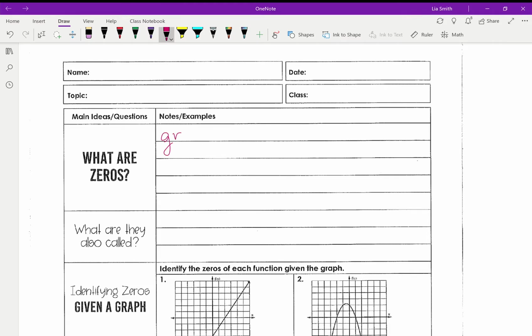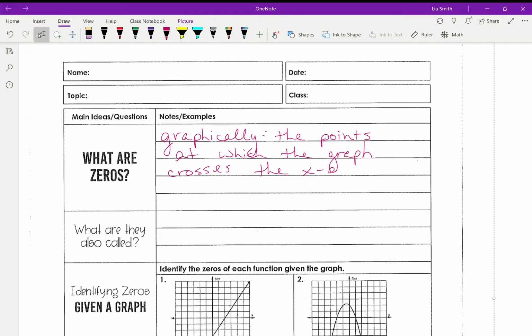When you're talking about graphically, zeros are the points at which the graph crosses the x-axis.